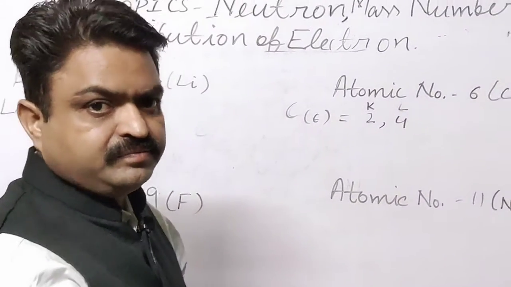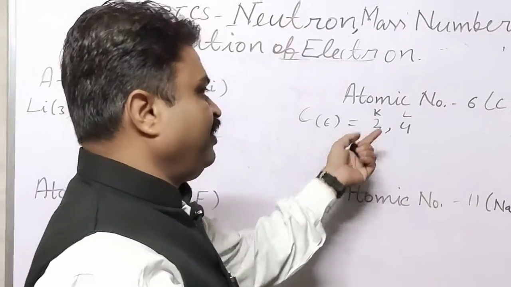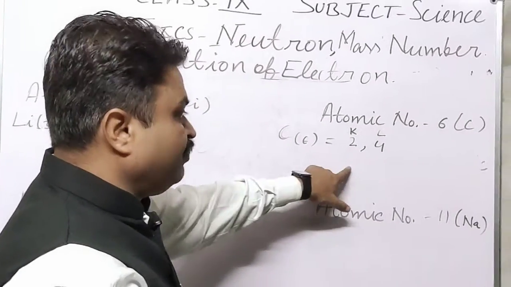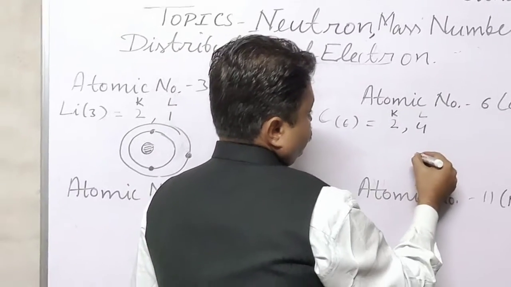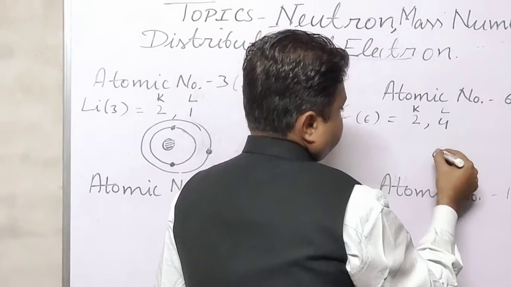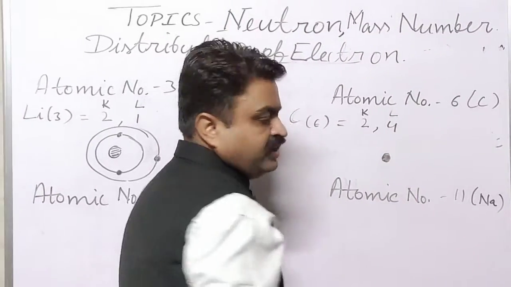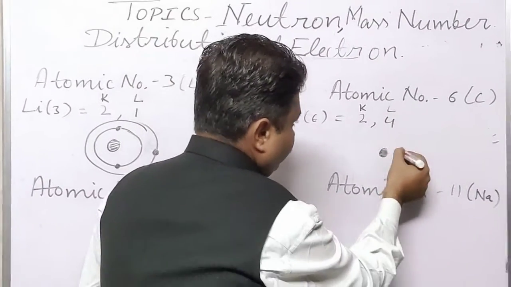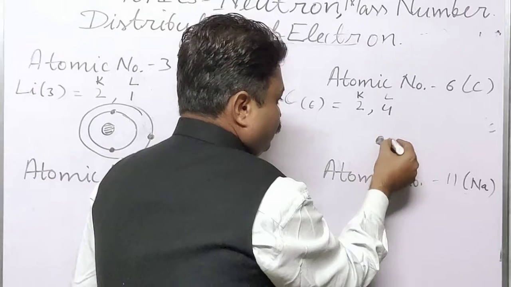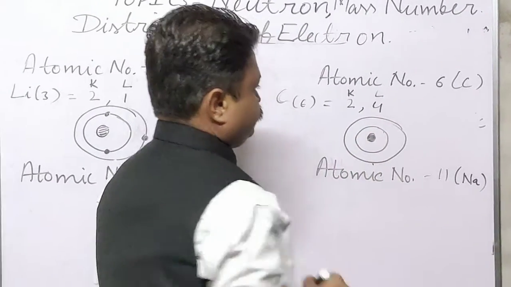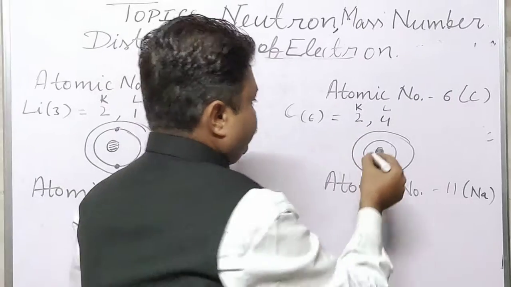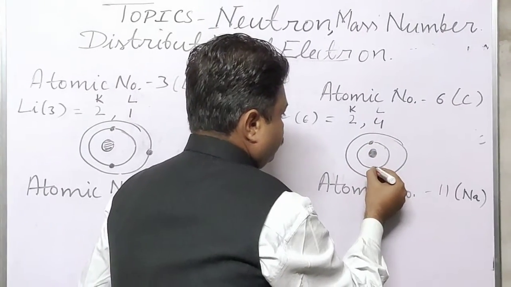Now we will make the atomic structure of the electronic distribution. So first we will make the nucleus. Now we will make how many shells? 2 shells only. First in the K shell we will show the 2 electrons.